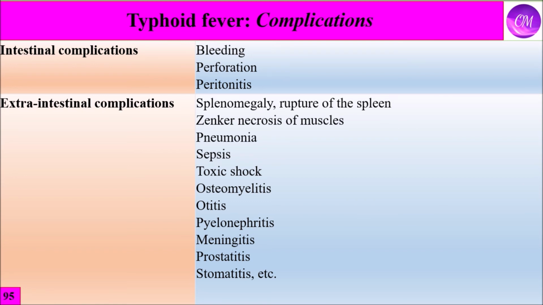And there are 2 groups of typhoid fever complications: intestinal complications and extraintestinal complications. Intestinal complications are bleeding, perforation, and peritonitis. Extraintestinal complications are splenomegaly, rupture of the spleen, Zenker necrosis of muscles, pneumonia, sepsis, toxic shock, osteomyelitis, otitis, pyelonephritis, meningitis, and stomatitis.